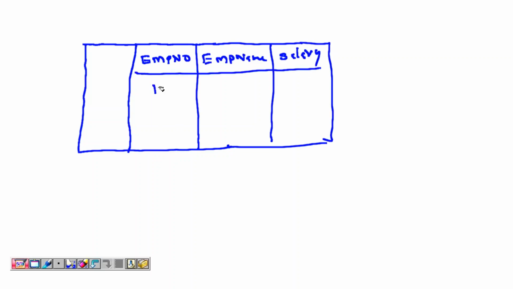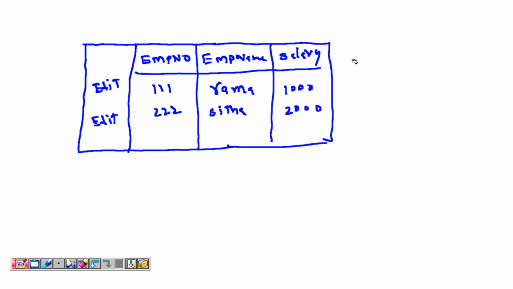Let us assume 111 Rama 1000, 222 Sita 2000. Here you have an edit button for each row. This is your grid view.